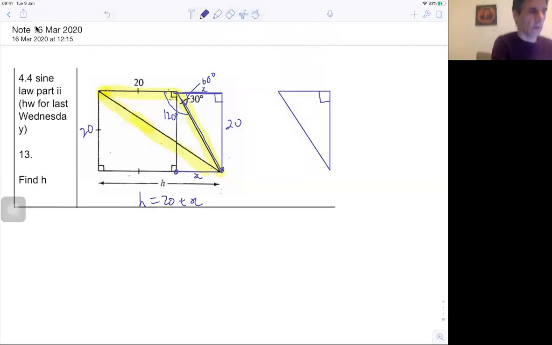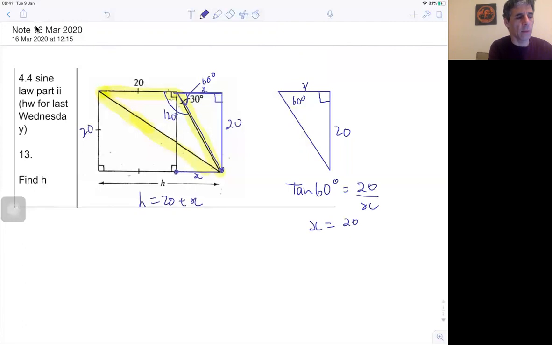We have a side length of 20, and then a 60-degree angle here. And then x will just come from the tangent of 60 degrees. I'm not even going to use the sine rule here. I'm just going to use tan 60 is opposite 20 over x, and that solves for x as 20 divided by the tangent of 60.